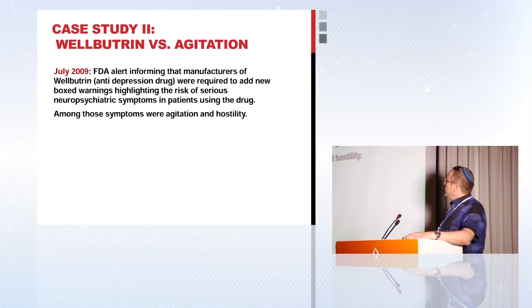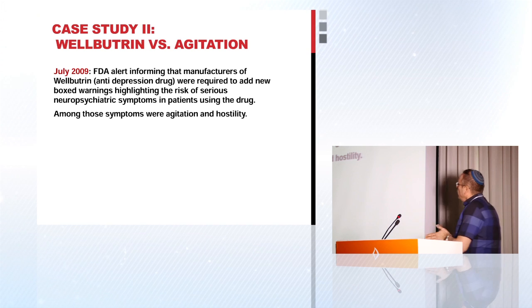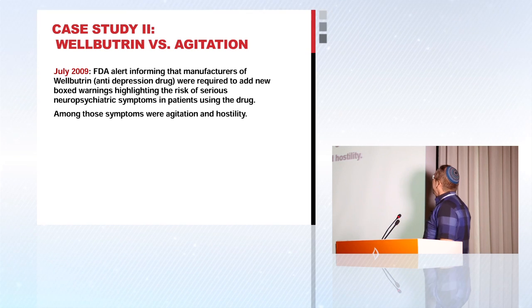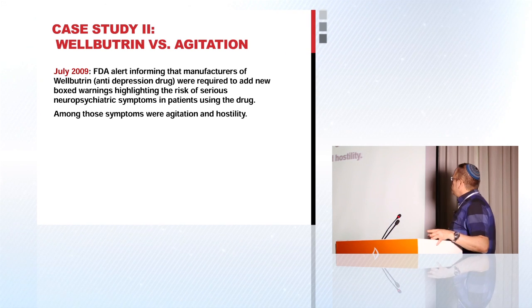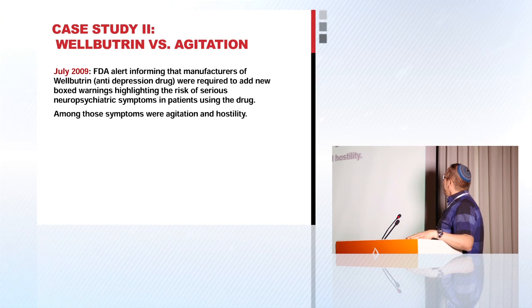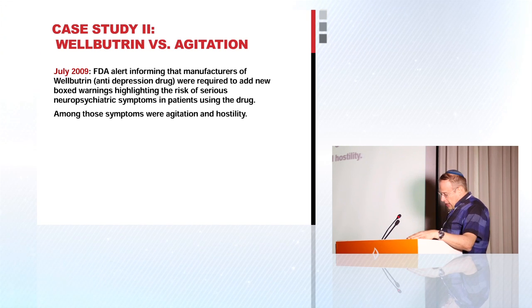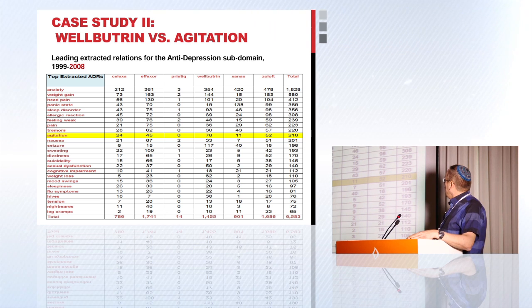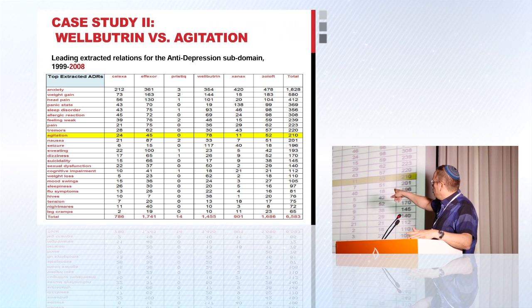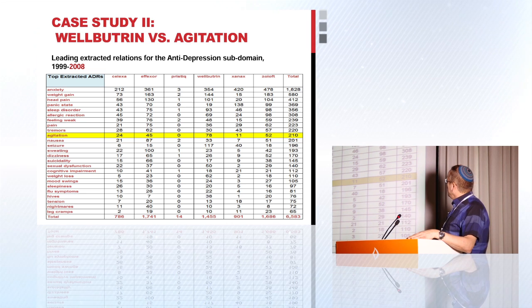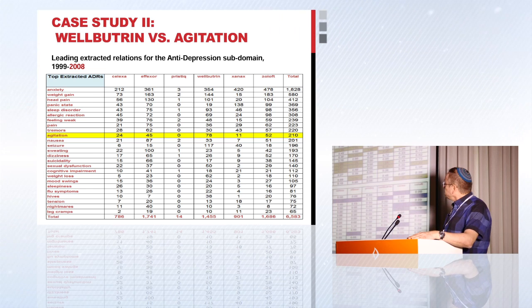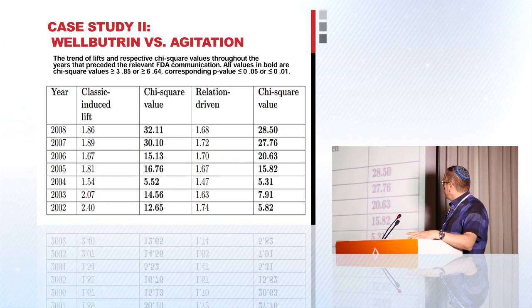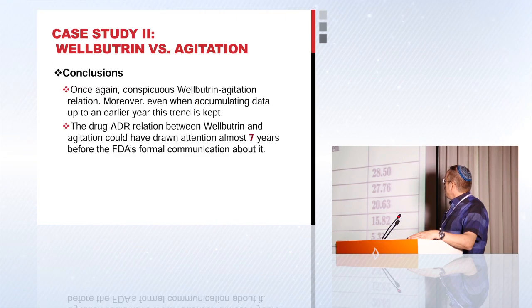The other example is Wellbutrin, which actually causes agitation. And again, very similar analysis, and you can see that there is definitely a very strong connection to Wellbutrin, much more than the others. Again, the same type of statistical analysis.